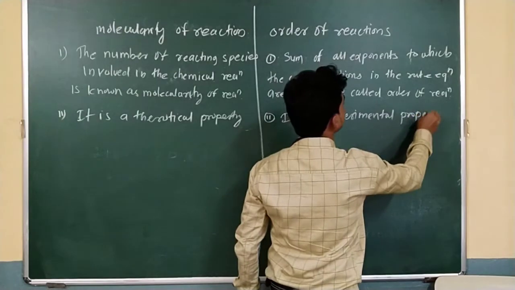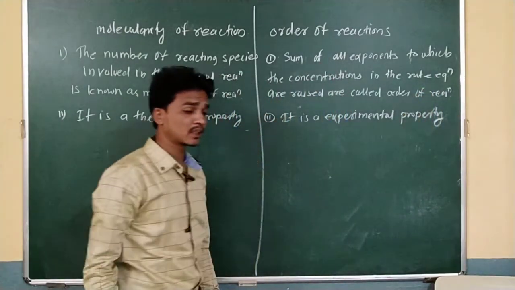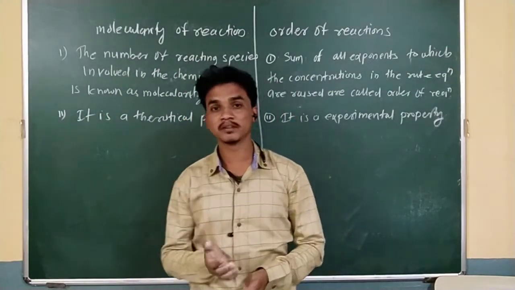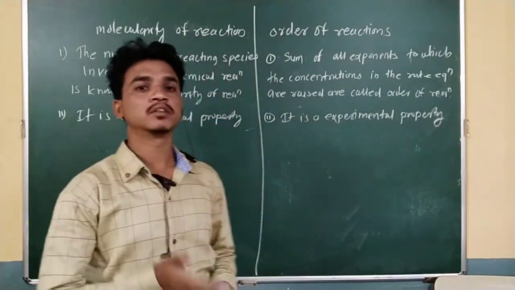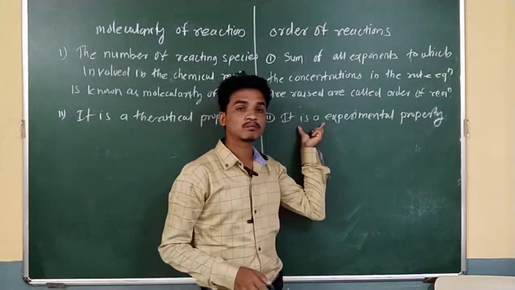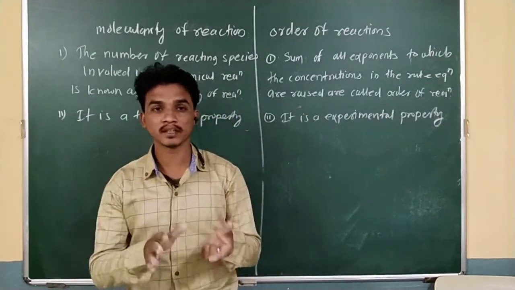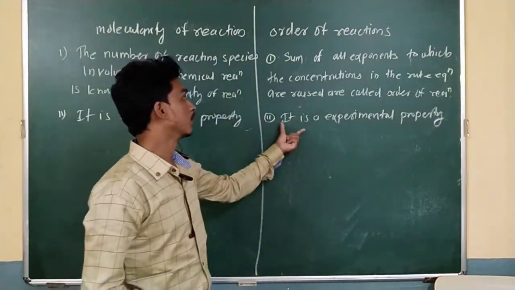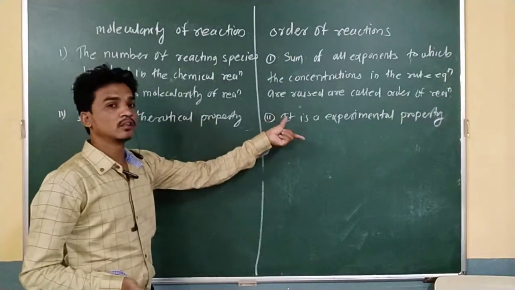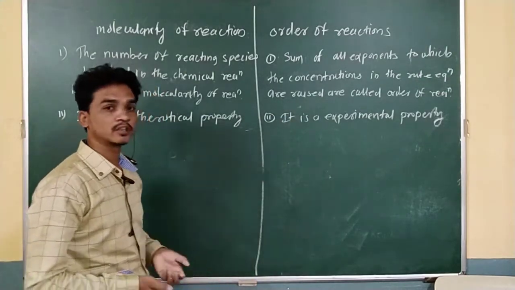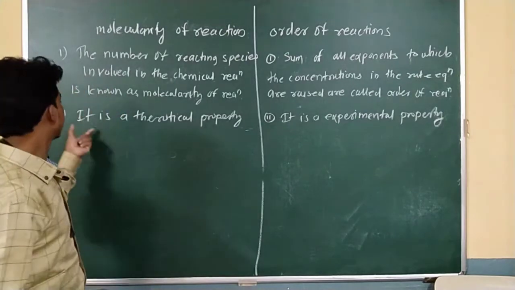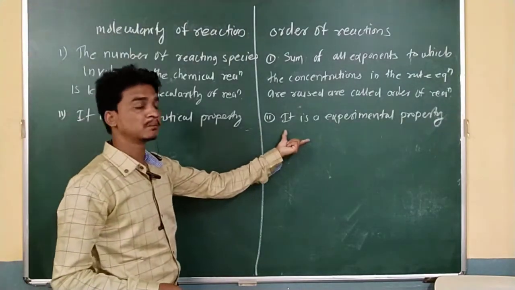You cannot say the order of a reaction is first, second or zero without first performing an experiment. After determining the order, you can say this reaction is first order, second order, third order, and so on. So molecularity is theoretical and order is experimental.